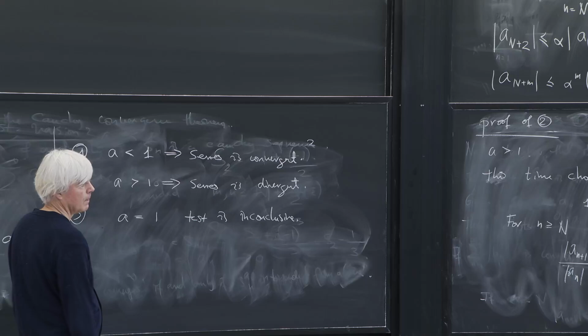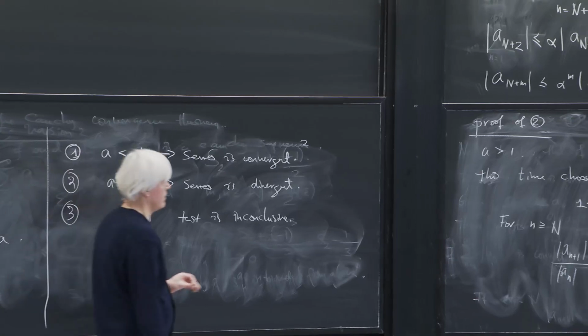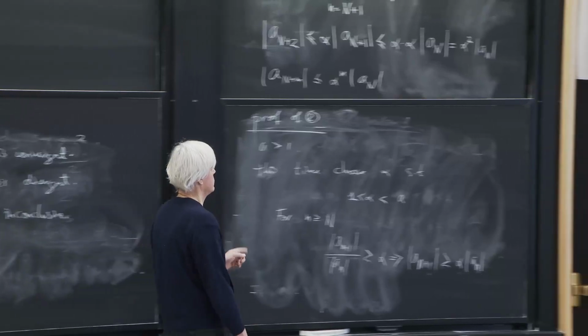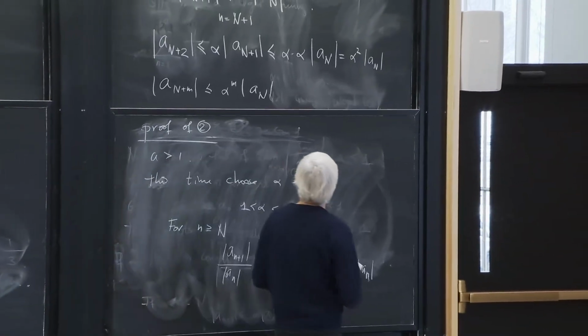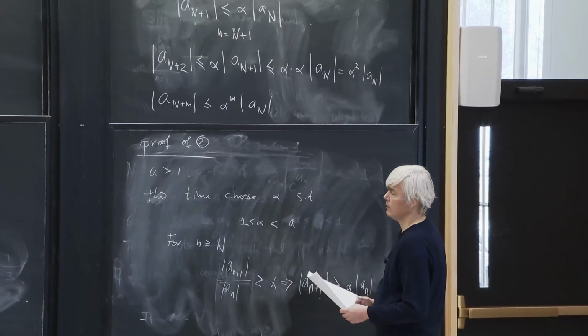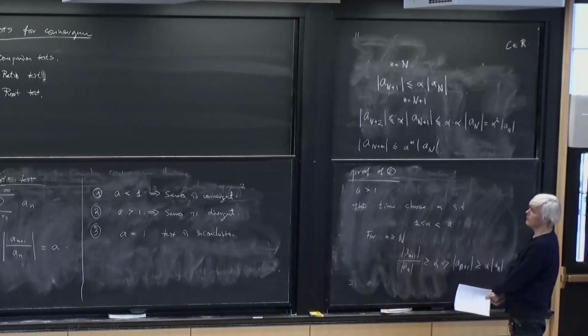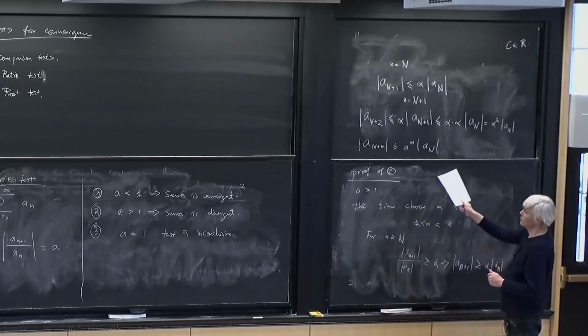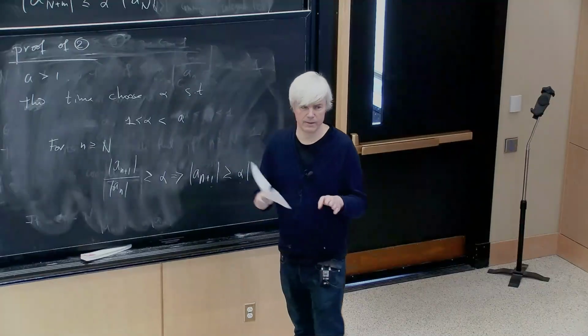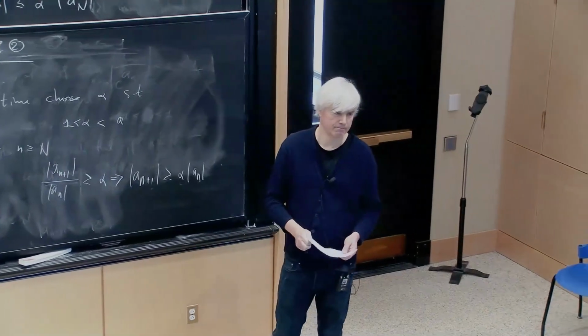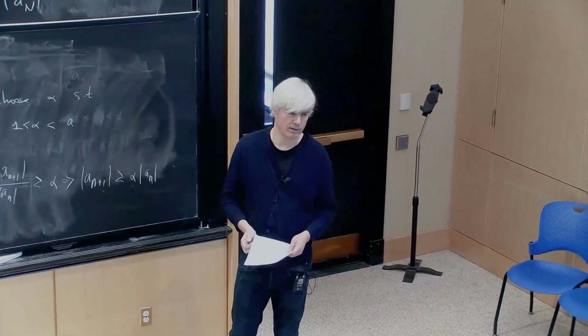Is that only going to work for monotone decreasing? No. There's no assumption here on whether the sequence is monotone. It implies that the absolute value is going down, but it could alternate signs and things like that.